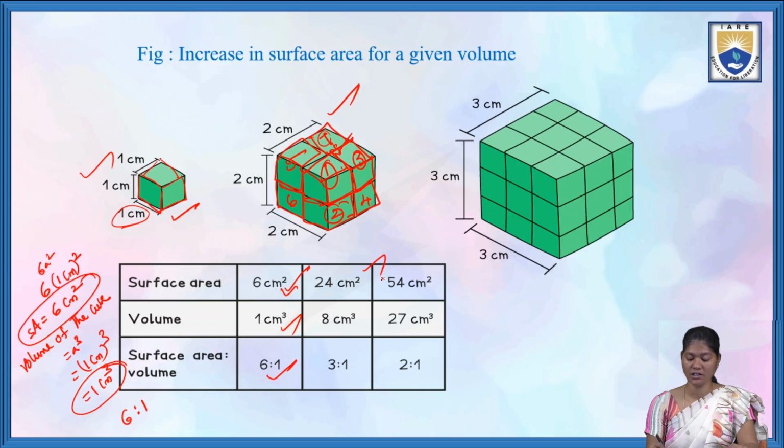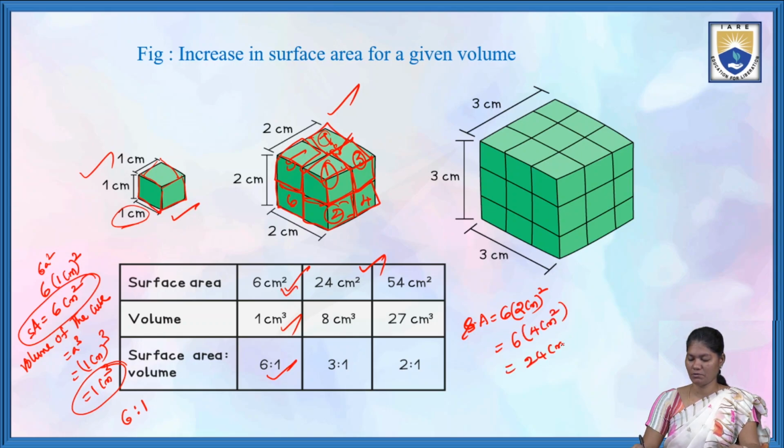Here the surface area is equal to 6 into 2 centimeters square, so that is 6 into 4, which is 24 centimeters square. This is the surface area of this second figure.